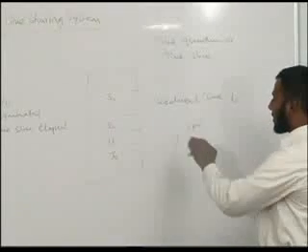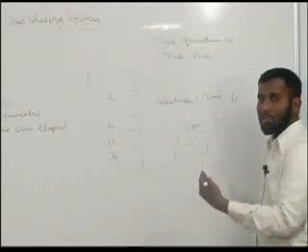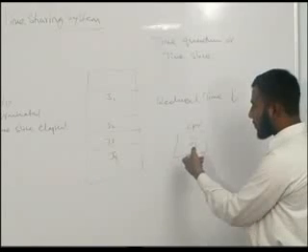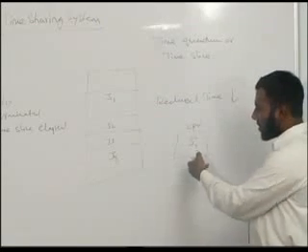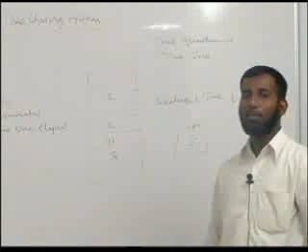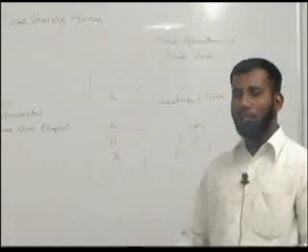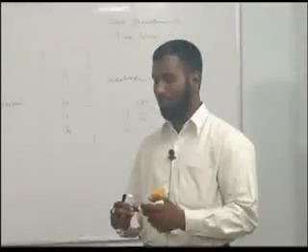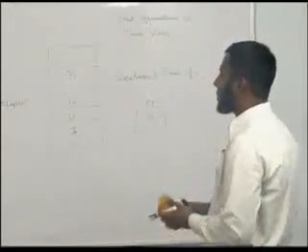Taking the CPU forcefully from a process is called preemption. Preemption involves context switching, which we will see later. So this is about the time sharing system.